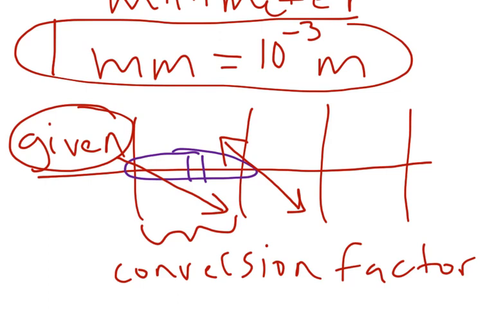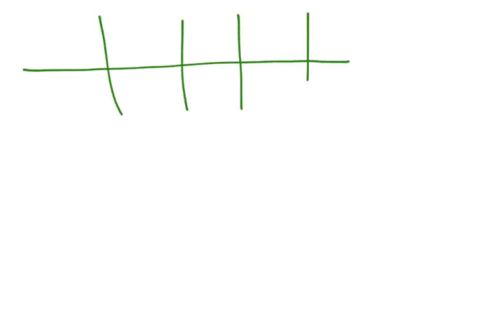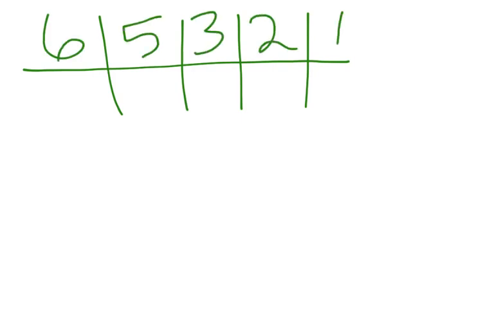I want to go through the first example with you. The first example on your sheet looks kind of like this. It has a 6, a 5, a 3, a 2, a 1.